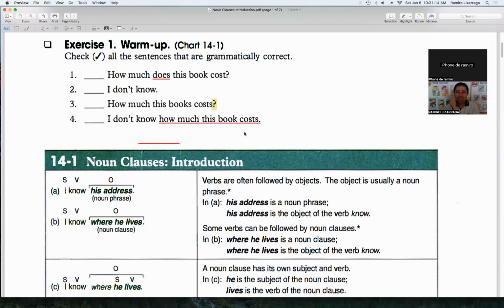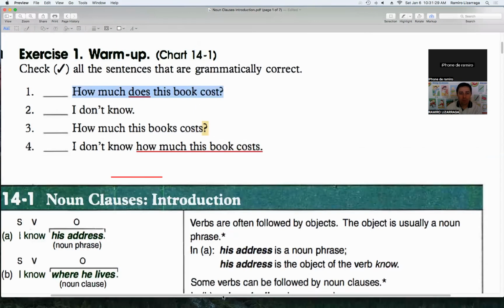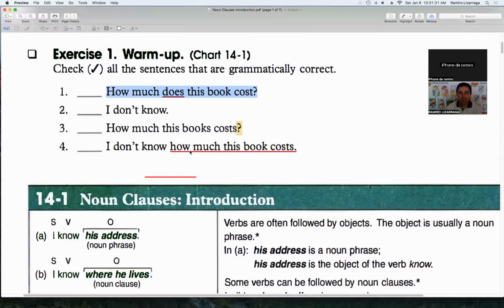So if you can tell, in a noun clause, what is the difference from a question? Number 1 is a question. But number 4, look at this, right here, it's a noun clause.